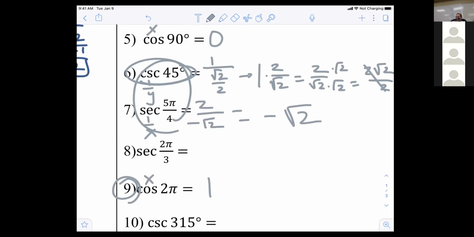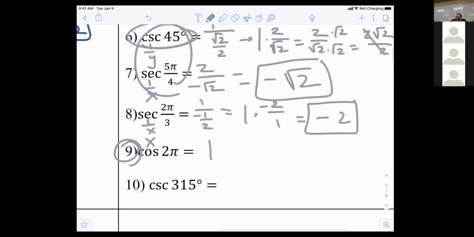Secant of 2 pi over 3. Secant, we just said, is 1 over x, and then the x at 2 pi over 3 is negative 1/2. So if you want to do your reciprocal for that, that's negative 2 over 1, which is just negative 2.